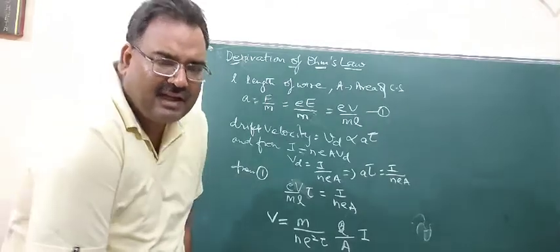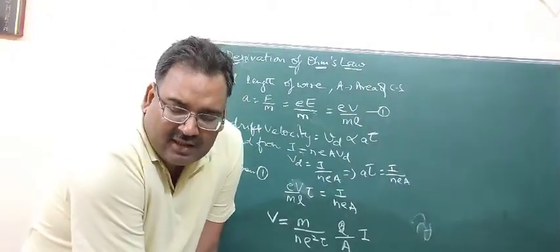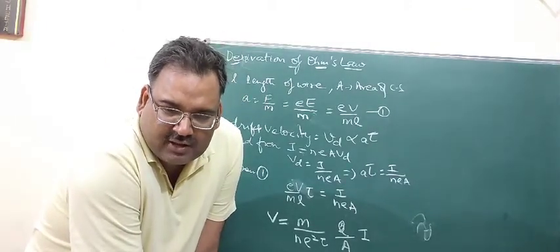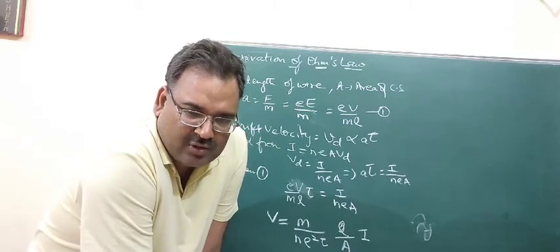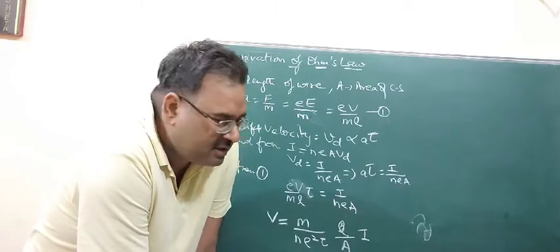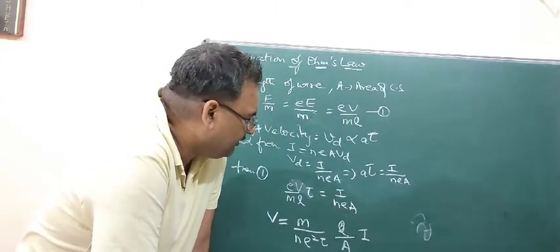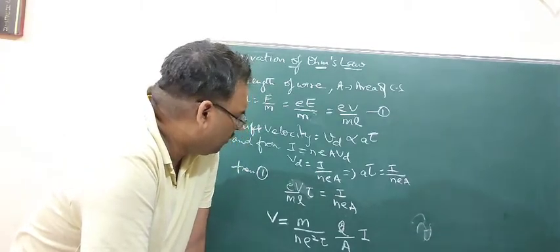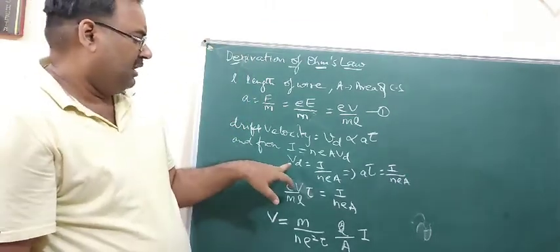Then we had a relationship between the current and the drift velocity. The relationship was I is equal to nAevd, where n is the number of electrons, e is the charge, A the cross section area, and vd is the drift velocity. So what we will do? We will find out the drift velocity.